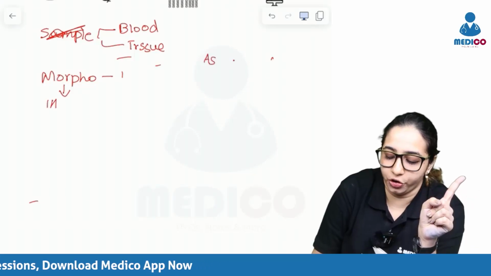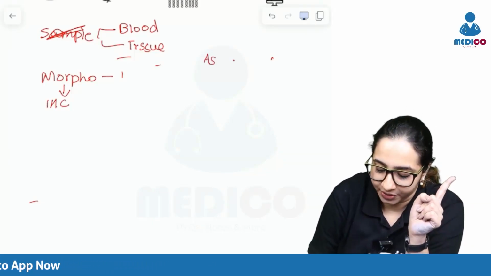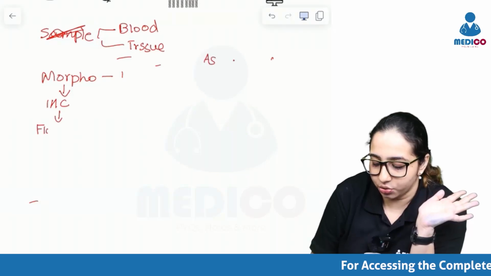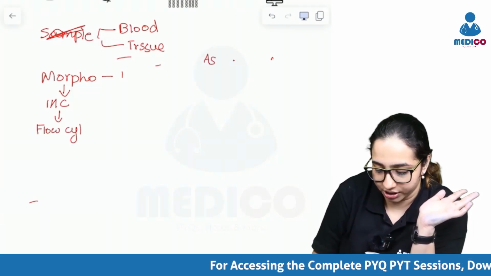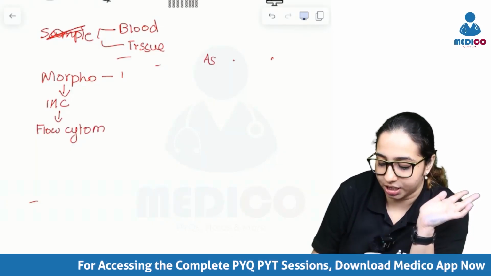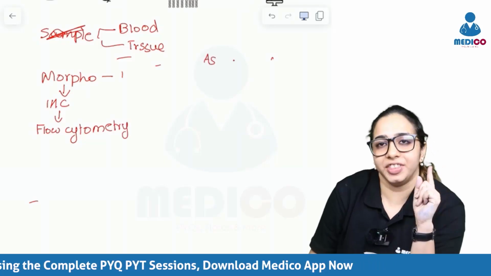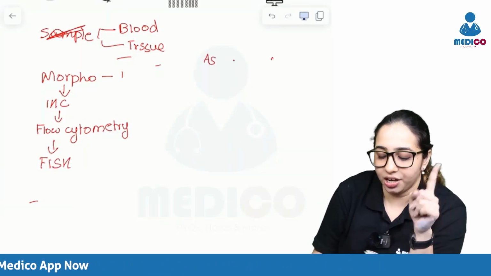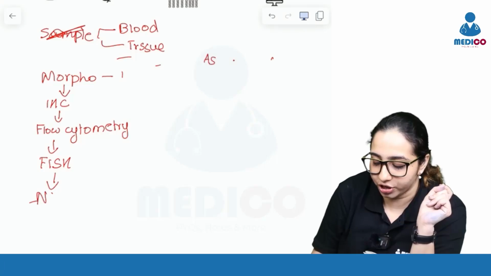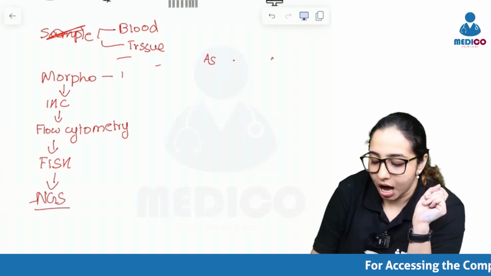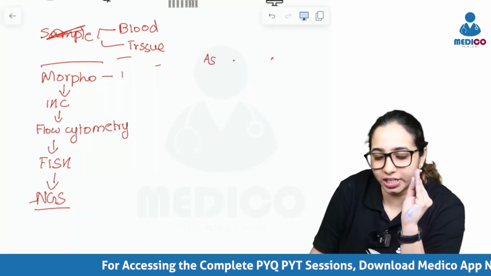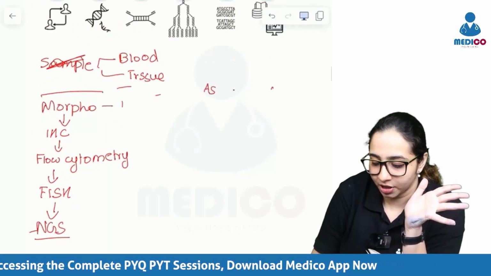After that you go for immunohistochemistry. Third, if immunohistochemistry is not working, you go for flow cytometry. If that is also not working, you go for FISH. If that is not working, you go for next generation sequencing. I hope you have an understanding of what each of these comprises.